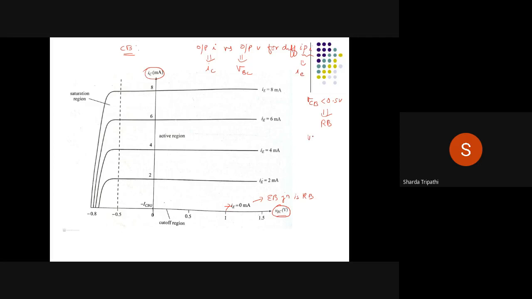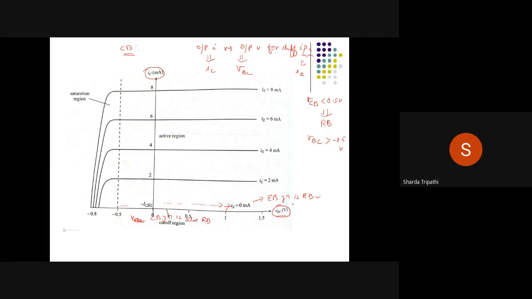So if you reverse this, this condition would translate to VBC greater than minus 0.5 volts. So here minus 0.5 is marked, and this region where you have VBC greater than minus 0.5 volts is the region where the second junction, that is the collector base junction, is also reverse biased.